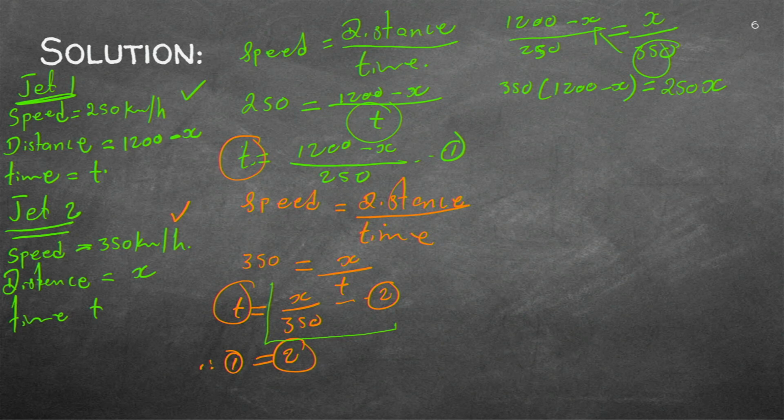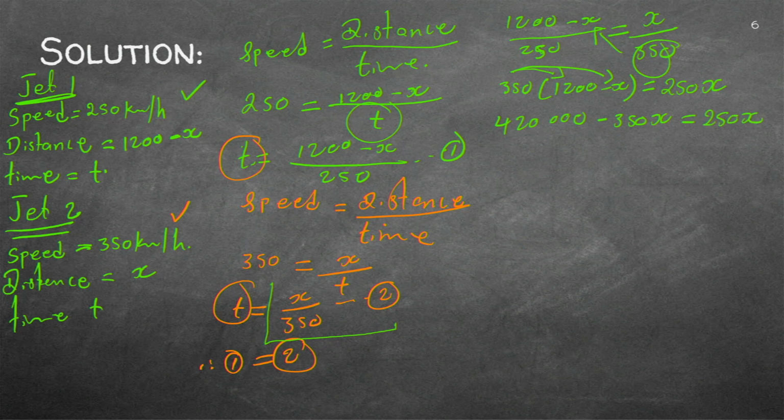So now if I want to simplify this, I need to find the product of 350 and 1200. If I multiply 350 and 1200, that will give me 420,000. And if I multiply 350 with negative x, that becomes minus 350x.